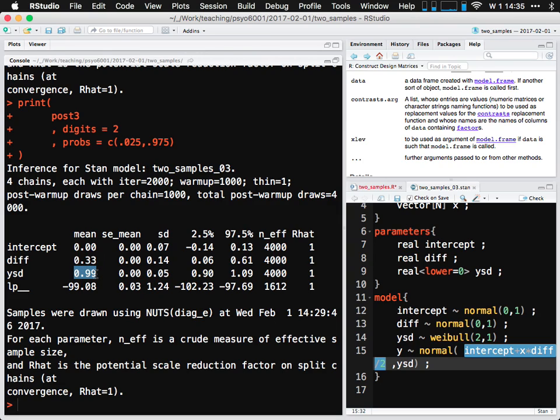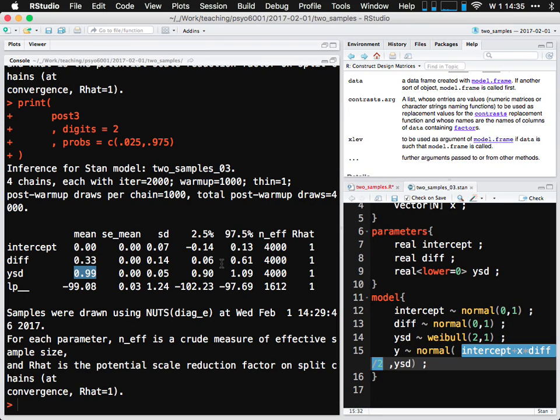For each diff you got, you'd multiply by the YSD to get the precise Cohen's d. It's close because that's 0.99, and these are going to covary decently. But if you wanted to express it as a credible interval on the Cohen's d value, you'd need to take that extra step. Cool.